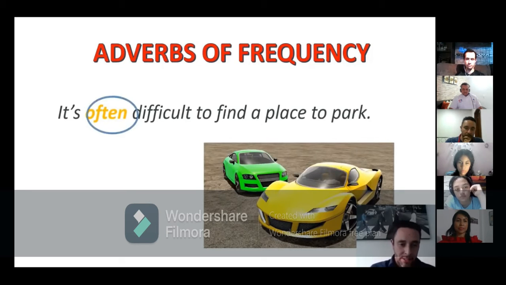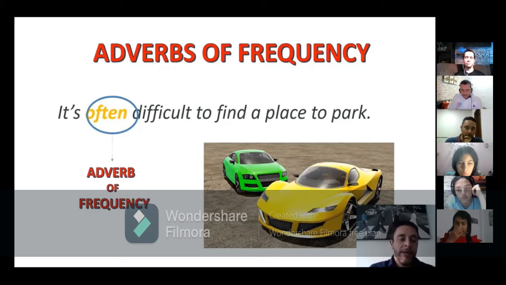So here it is paint of yellow, and it is inside of the circle, and it is after of the verb to be. So in this case, we say it is often difficult to find a place to work. And here we have the adverb of frequency.